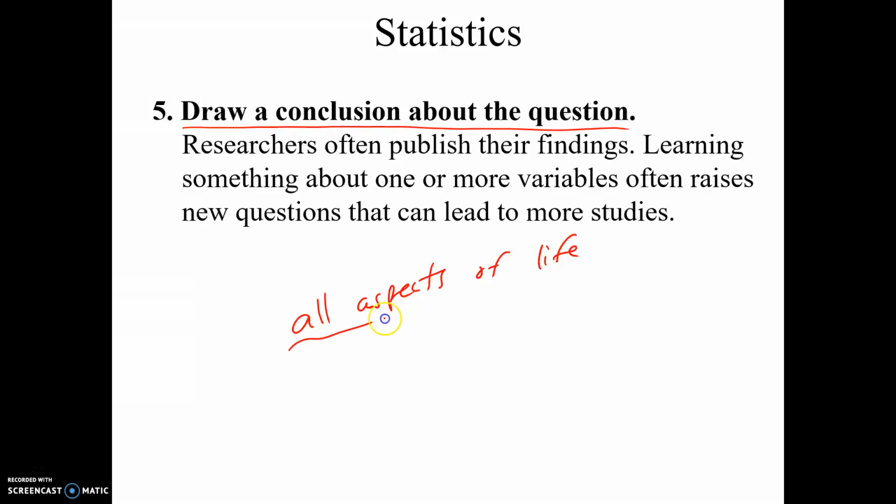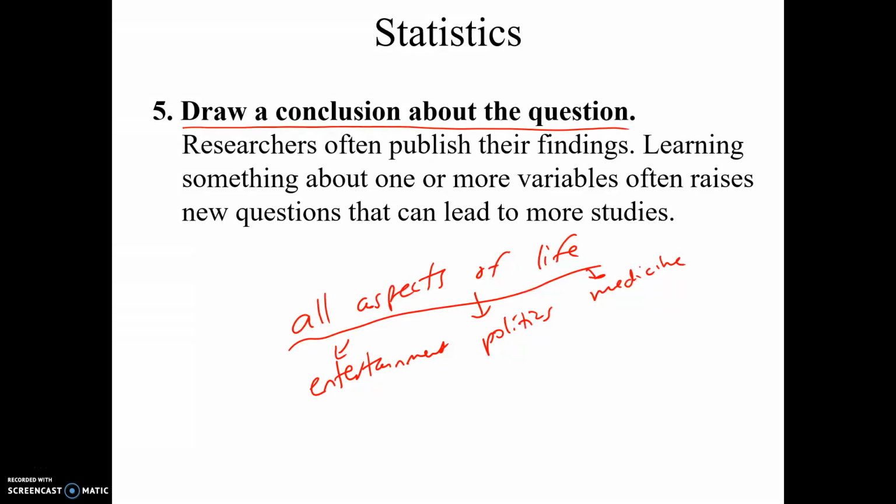This happens in all aspects of life. Statistics is used everywhere, whether it's in entertainment, whether it's in politics. You know, people want to know which candidate has the most likelihood of succeeding because they'll provide support to that candidate. In medicine, let's say the company is testing out a new medicine, which medication will have the least side effects and the most success.